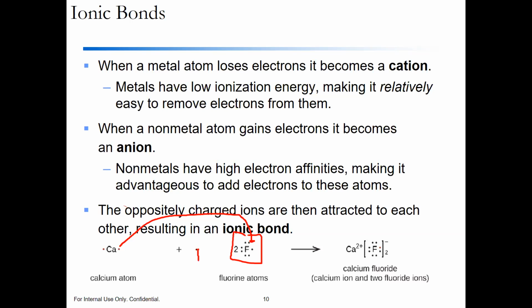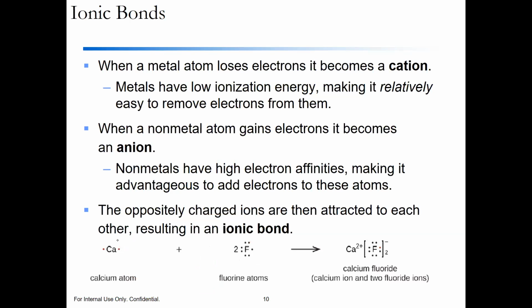So look at this, fluorine. Suppose 1 electron is going to go to this fluorine, and then 1 electron is going to go to that fluorine, because there's going to be more than 1 fluorine. We're calculating an Avogadro number.